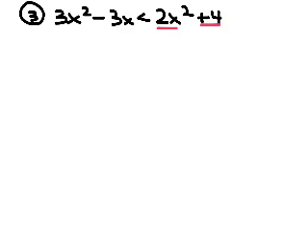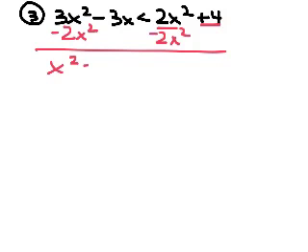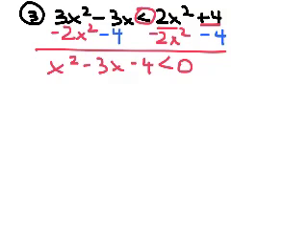So I need to subtract the 2x and subtract the 4. So step 1 is to get all the terms of your quadratic to the left. And so that gives me x squared minus 3x minus 4 is less than 0.